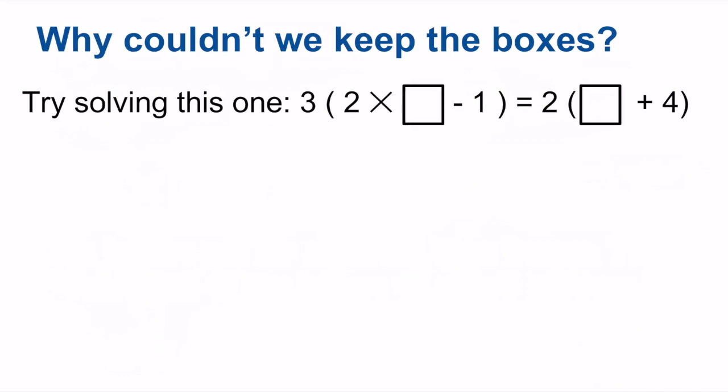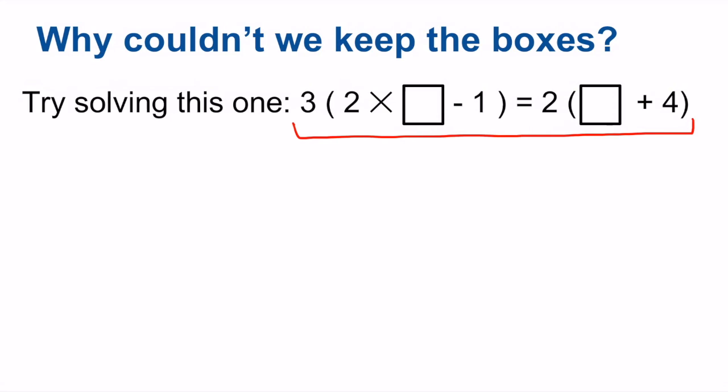Well, look at this one. So try solving this equation here. Well, some of you may be thinking, okay, that's a little more difficult. And I would say, well, are these supposed to be the same number? Or can they be different numbers? Because if they're different, then I can probably do it a lot easier than if it's the same one.